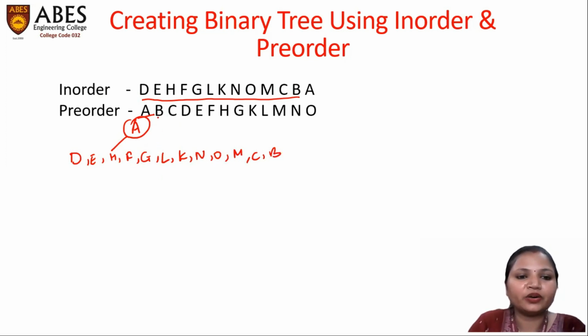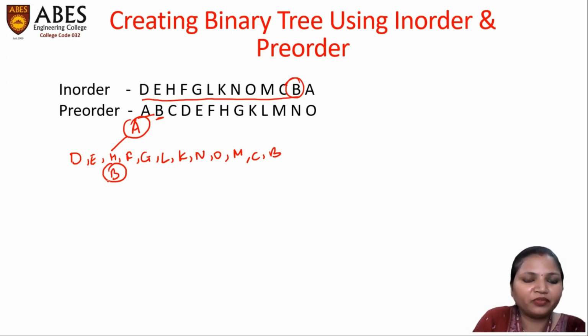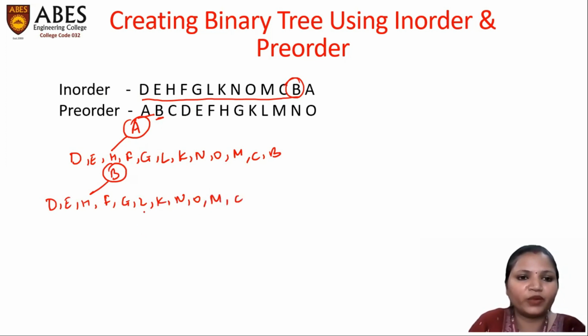Okay, fine. Now the next element that becomes the root is B. Check again for B. Again, all elements are present on the left hand side. So what are the elements left? D, E, H, F, G, L, K, N, O, M, C. Fine.